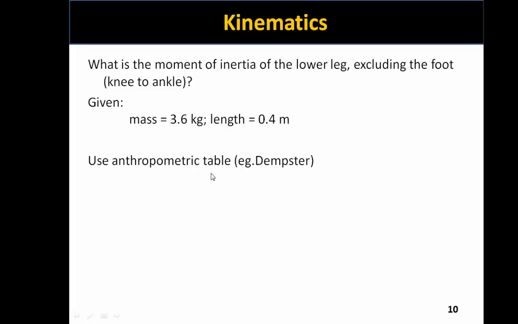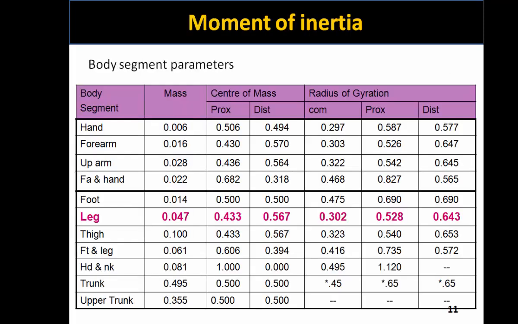Now we do have to use a table. This is what's referred to as Dempster's anthropometric table. Based upon the axis of rotation, this is a key consideration in terms of reading the table. This table has been published through numerous cadaver-based studies conducted many decades ago.